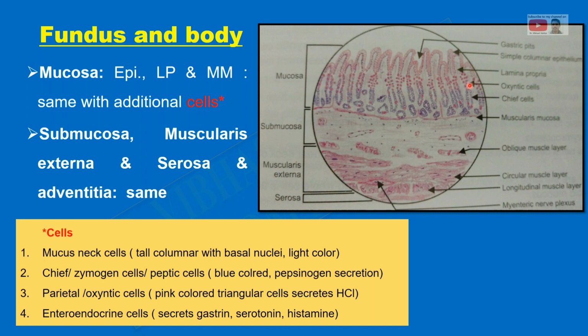Then the enteroendocrine cells secrete gastrin, serotonin or histamine. So basically the mucosal part of the fundus and body has these four types of cells: mucus neck cells, chief or zymogen cells, parietal or oxyntic cells, and enteroendocrine cells.